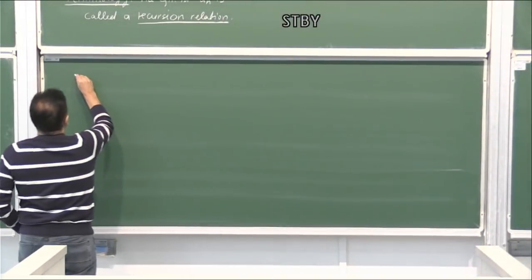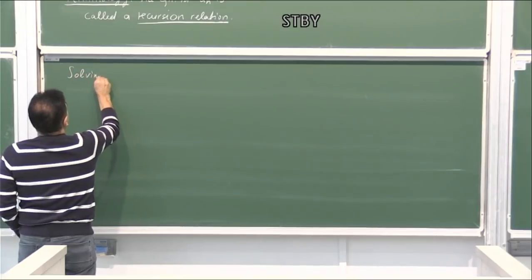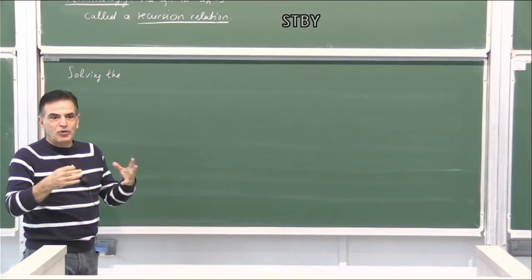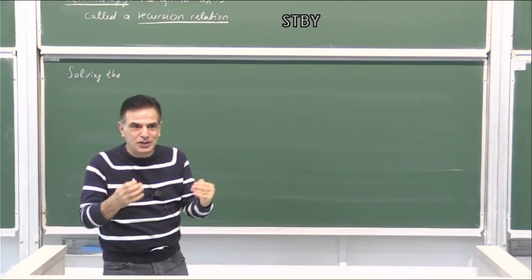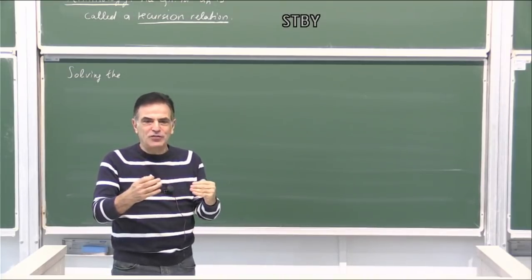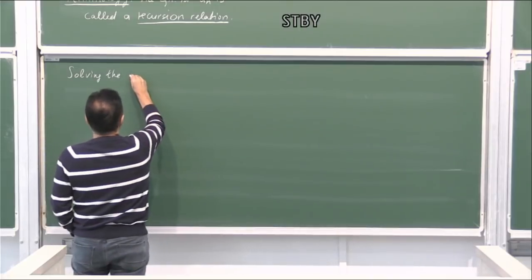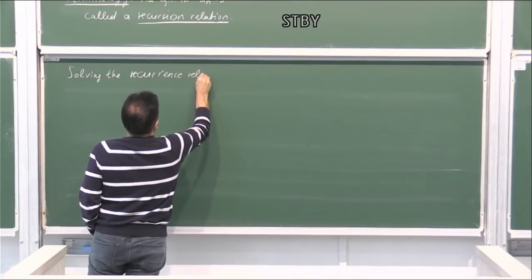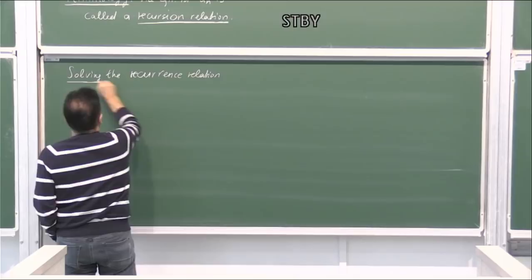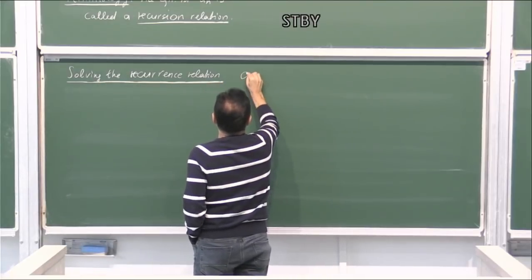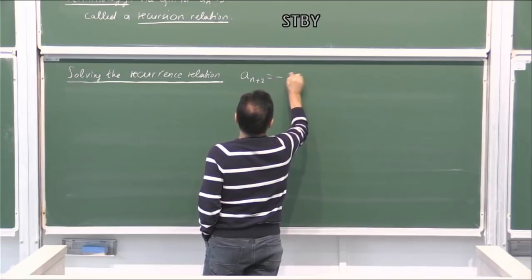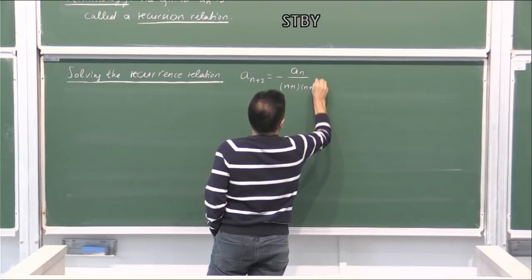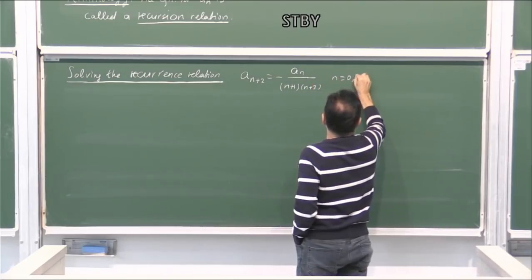Now, solving the recurrence equation. As you understand, the solution of the differential equation has been reduced to solving the recursion relation for a_n to find the coefficients in the proposed series solution. Let's write it again: a_(n+2) is minus a_n over (n plus 1)(n plus 2) for n equal to 0, 1, and so on.